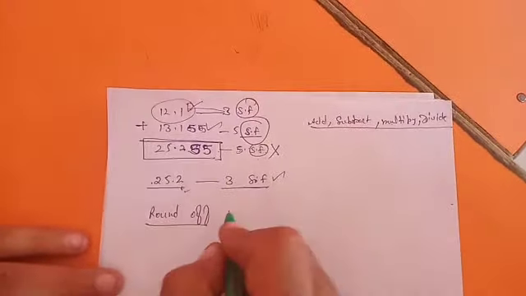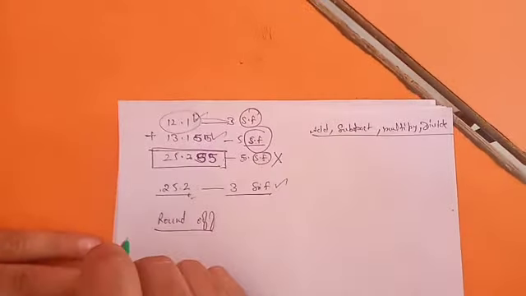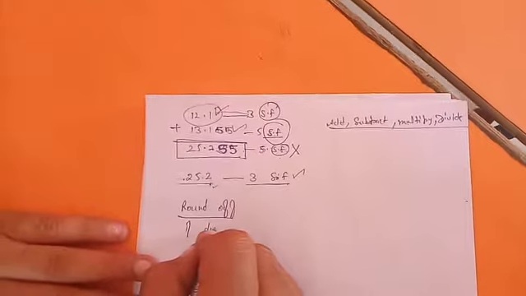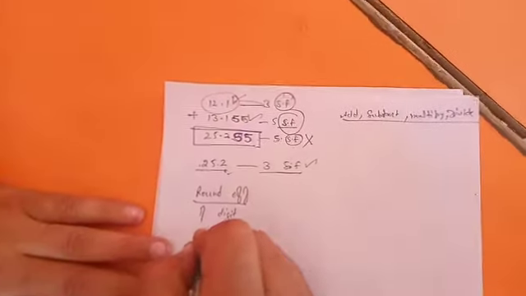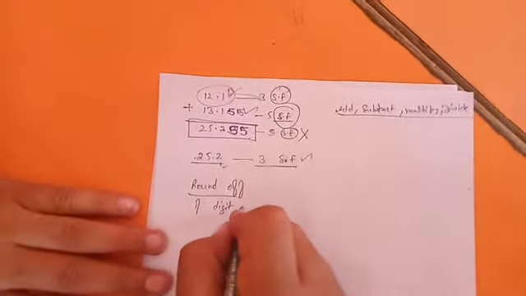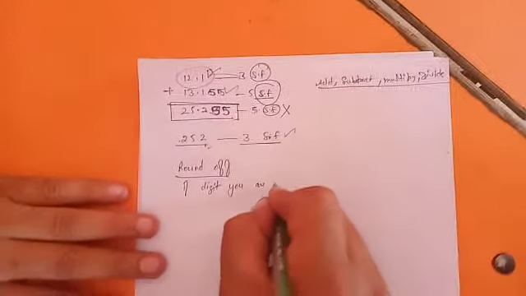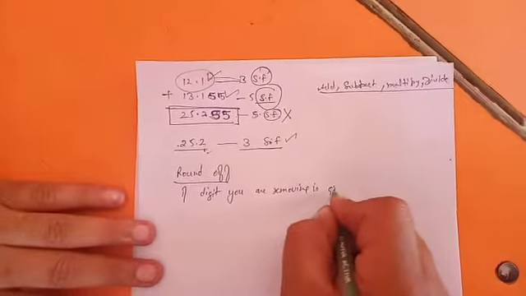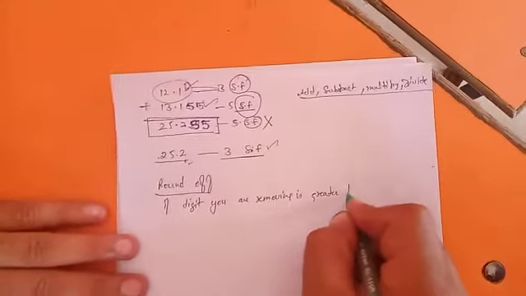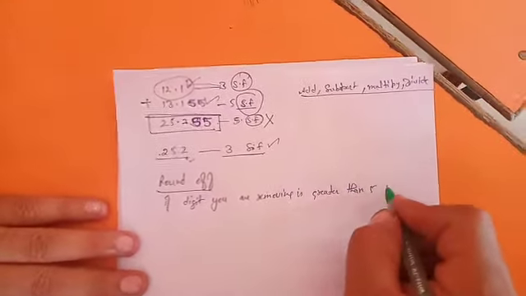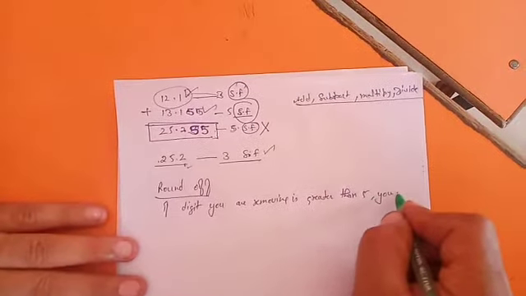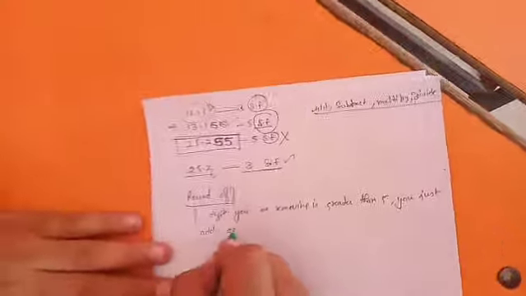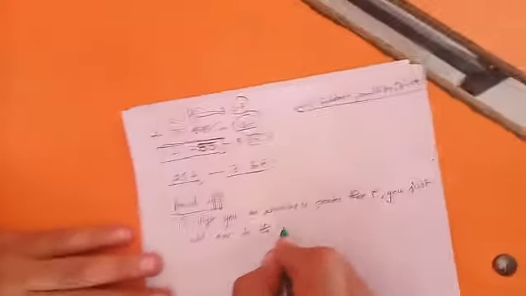So rounding off has some particular rules. If the digit you are removing is greater than 5, you just add 1 to the preceding one.